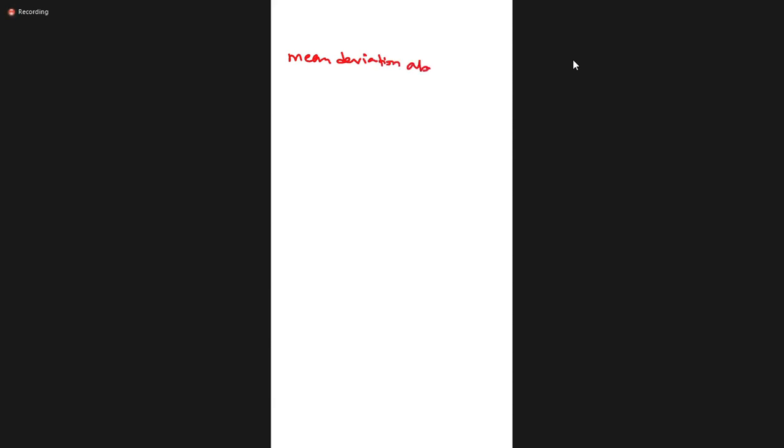Mean deviation about mean means sigma modulus of x minus x bar divided by n. For the denominator, write small n, don't write capital N. Capital N has a different meaning, which you will get further. So use small n only, the number of observations.